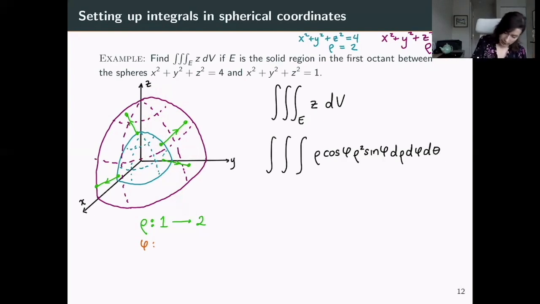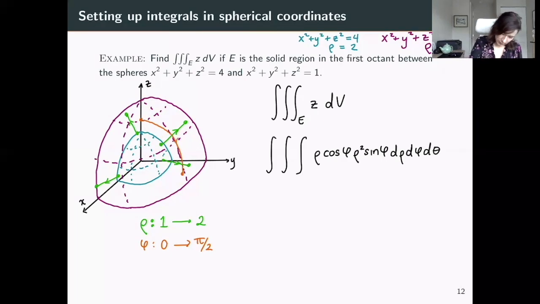So here we're going to get that our phi will range from 0 to pi over 2. And again, to draw that out here, we have our entrance and exit. I have my entrance and my exit.